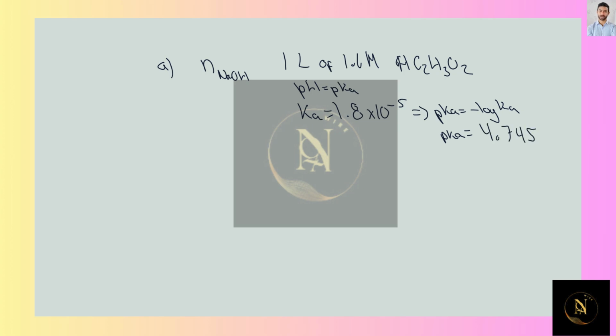In the first case, I'm going to abbreviate this as HA, just to exemplify that it is a weak acid. In order to reach a pH equal to the pKa, we need to reach a concentration of the weak acid equal to the concentration of A minus.